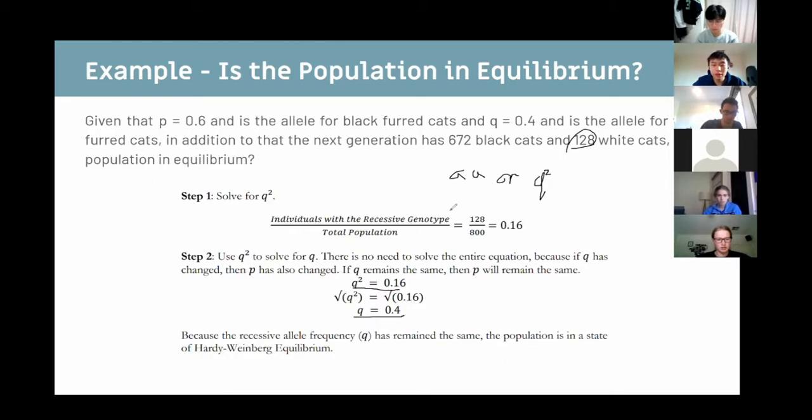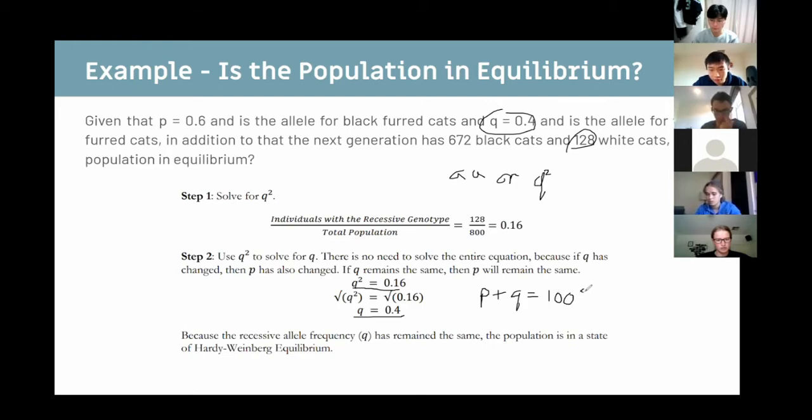So if we compare the second generation, where Q equals 0.4, to what we had in the first generation, which is Q equals 0.4, that means the recessive allele frequency has remained the same. And because the recessive allele frequency has remained the same, then P has to also remain the same, right? Because P plus Q has to equal 1, because they make up all of the alleles in the population.